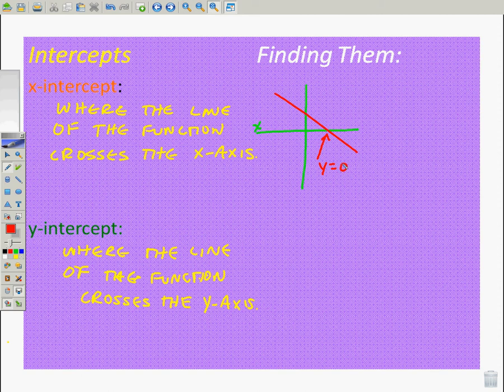Because it's at the x-axis, that's y equals 0. And so if I understand what that means, if I'm going to find the x-intercept, I'm going to substitute y equals 0 into the function equation.